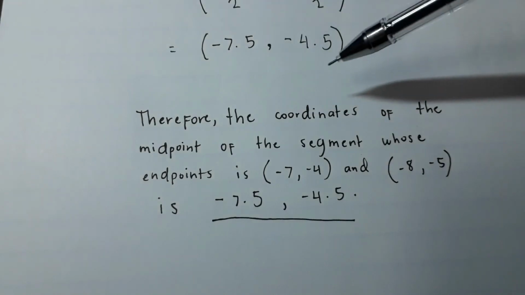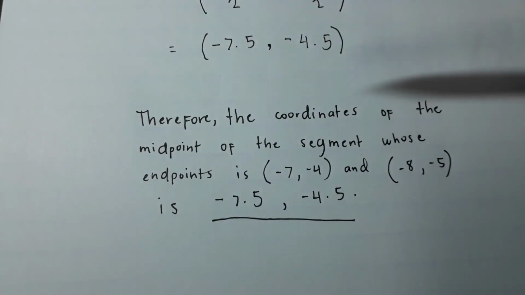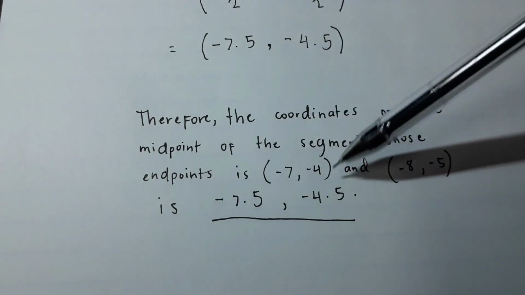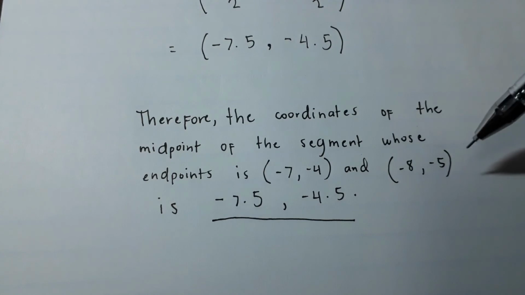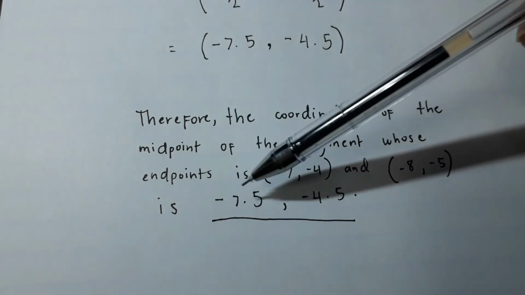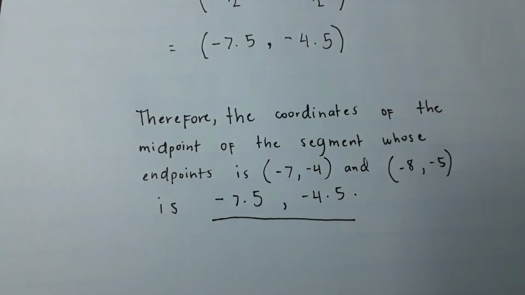Therefore, the coordinates of the midpoint of the segment whose endpoints are negative 7, negative 4, and negative 8, negative 5 is equal to negative 7.5 and negative 4.5.